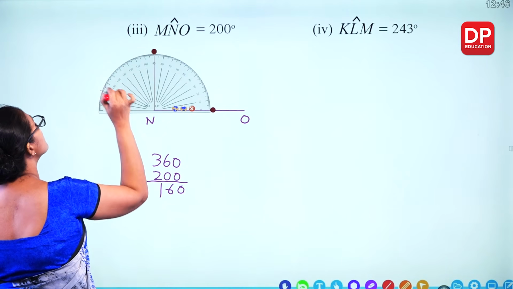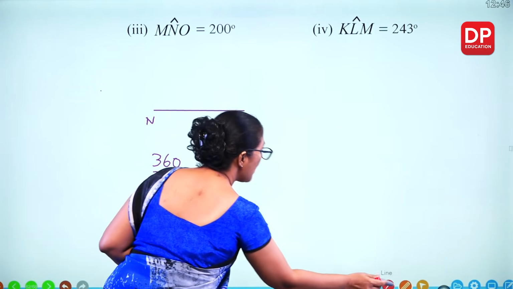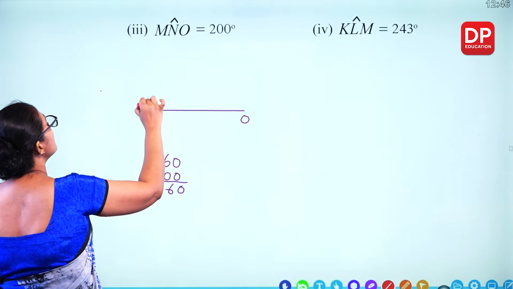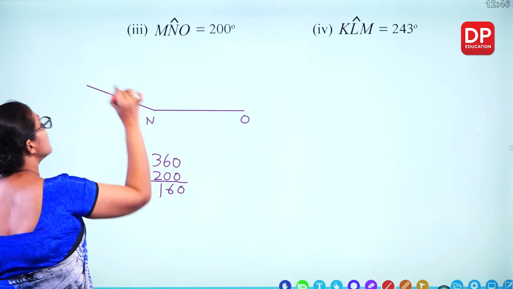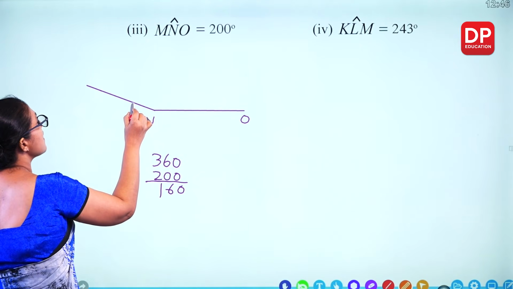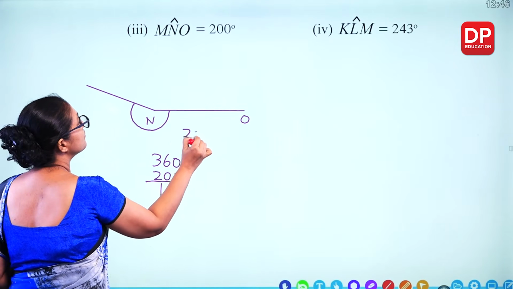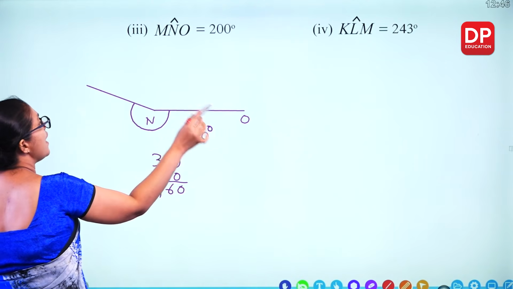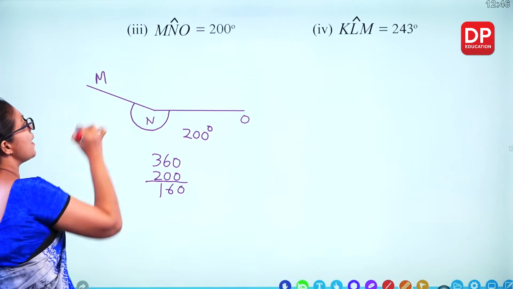This is the point. So you can draw the line here to here. So what's the angle now? 200 means this angle. MNO. So this is MNO.